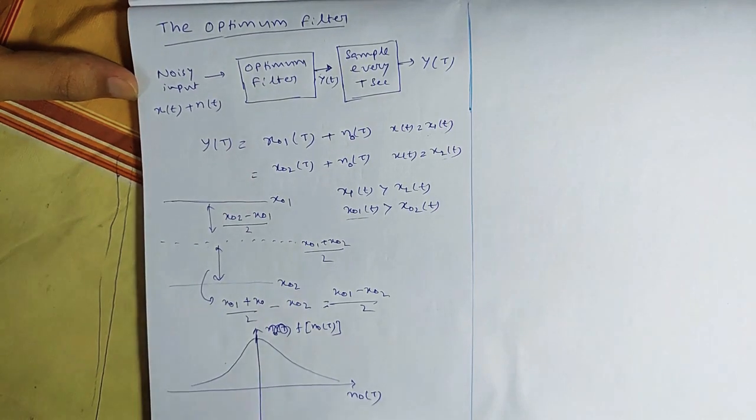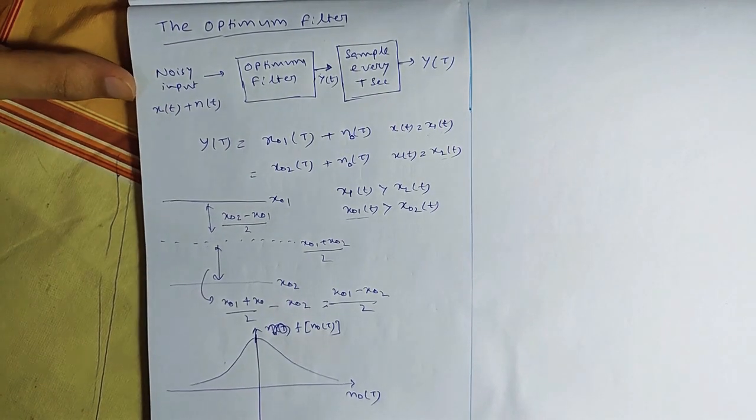Consider that this is the distribution of noise, the probability density function of the noise.